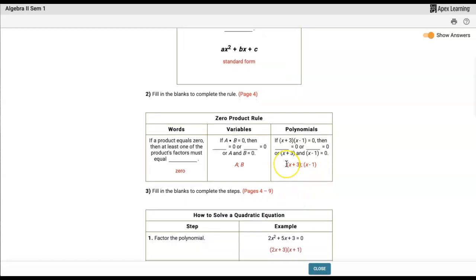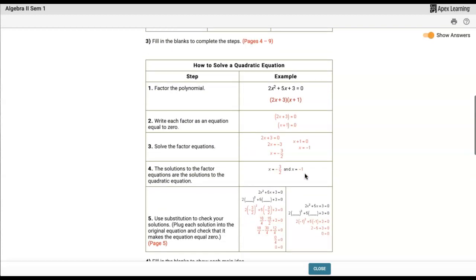All right, and then the last one here, if x plus 3 multiplied by x minus 1 is equal to 0, then x plus 3 is equal to 0, or x minus 1 is equal to 0. Or, again, both of them are. But this right here is really how we set it up, because then once we know these 2 separate equations, we just solve there using basic algebra skills.